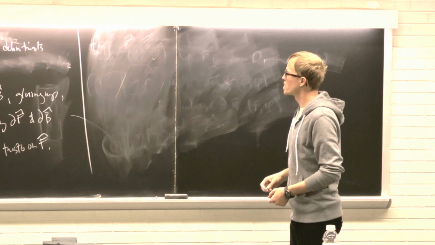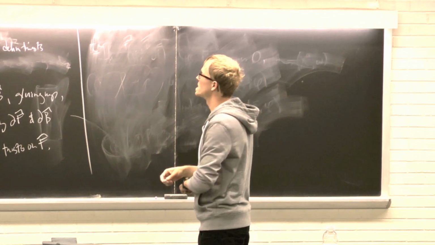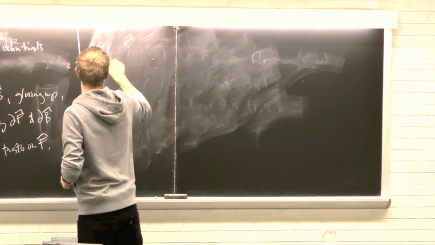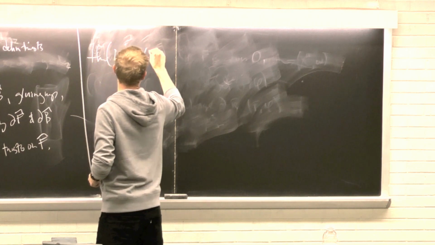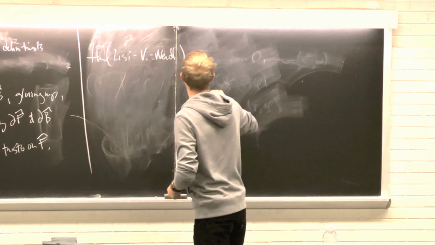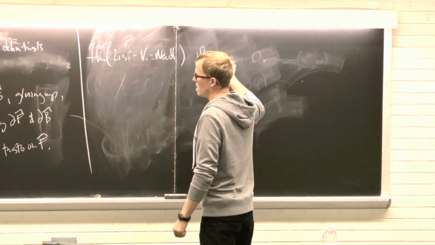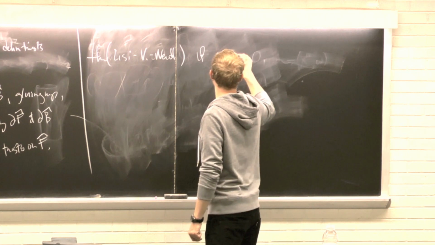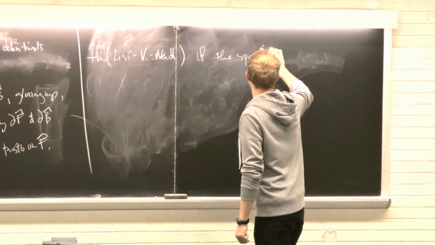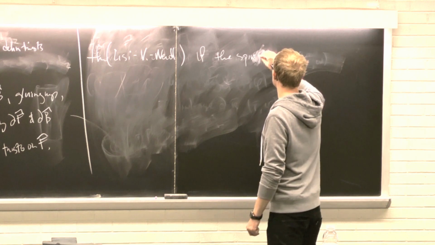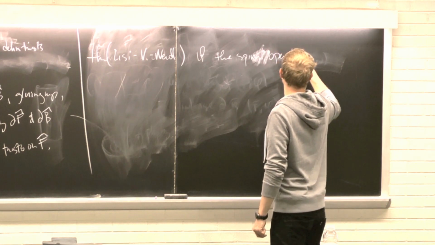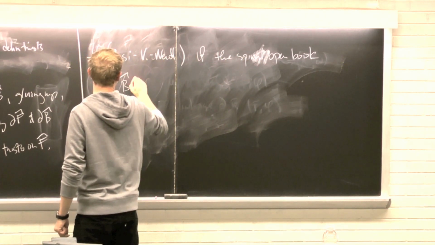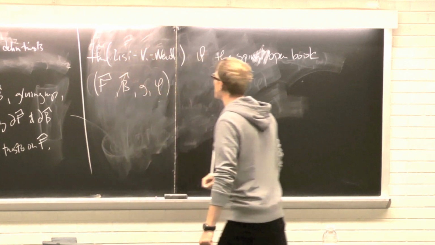The reason we did this is that this allows us to generalize what planar is. So we want F hat, B hat, a gluing map, and a monodromy.